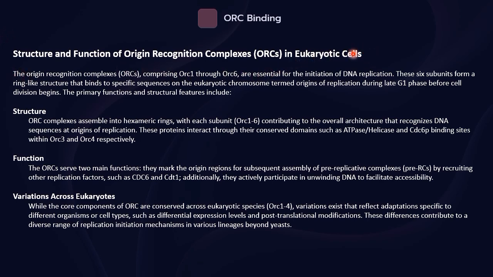As I mentioned previously, the ORC is a complex of six different proteins named ORC1, 2, 3, 4, 5, and 6. Thus, they make a heterohexameric complex which comes together and forms a ring-like structure that binds specifically to the ORI sequence in the genome.